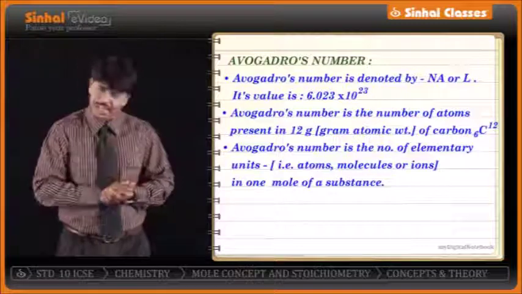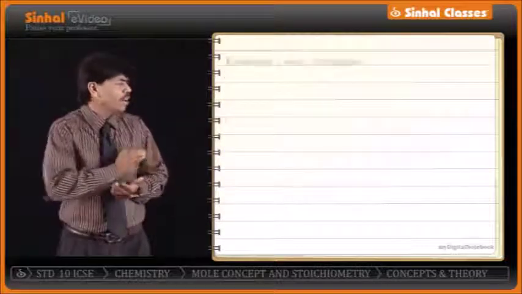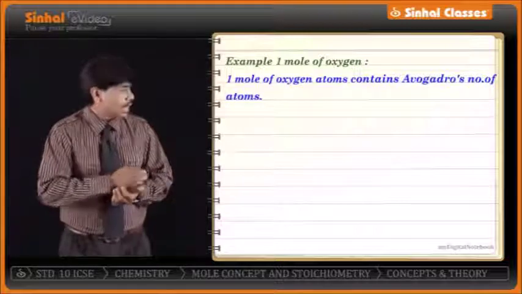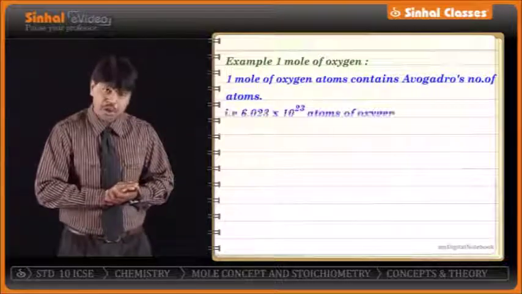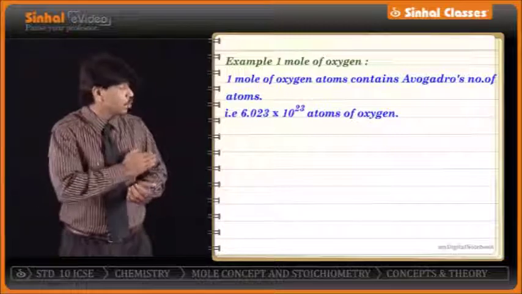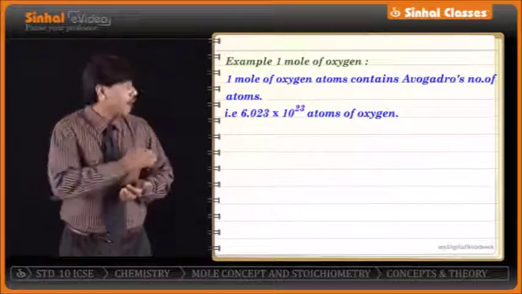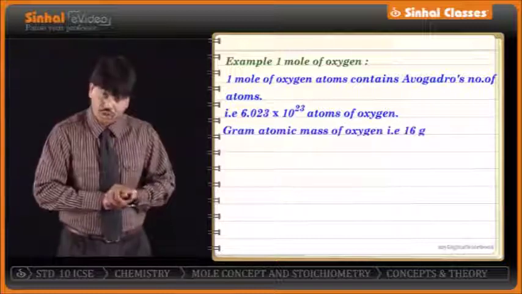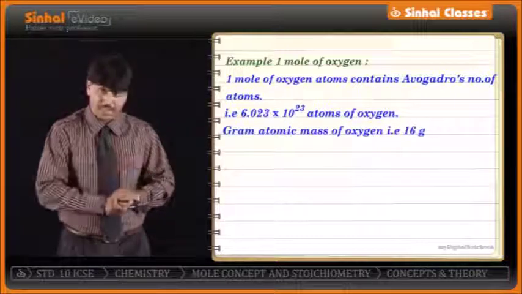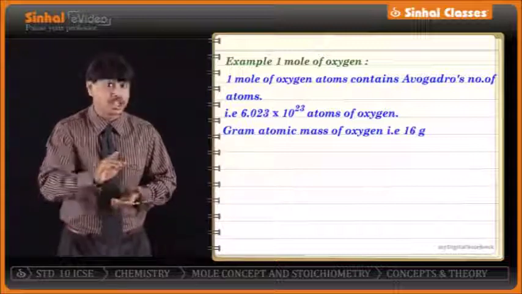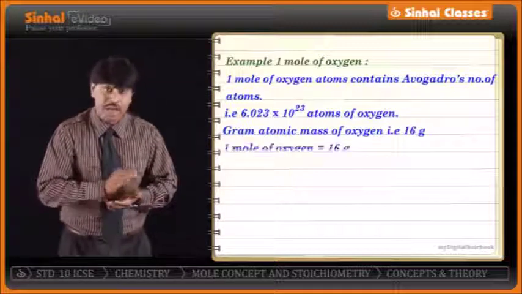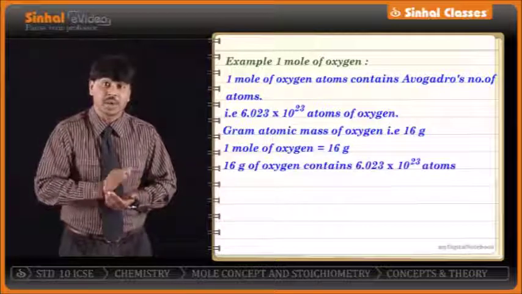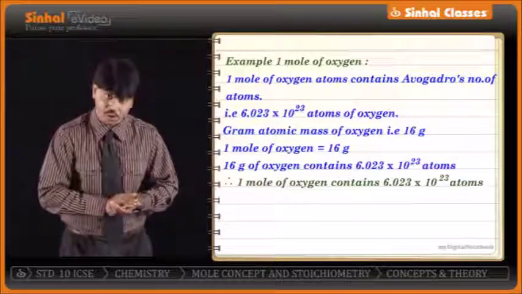Let's take an example and understand. When I say 1 mole of oxygen atoms, it means it contains 6.023 × 10^23 atoms of oxygen. The gram atomic mass of oxygen is 16 grams. That means 16 grams is equivalent to 1 mole, and 1 mole equals 6.023 × 10^23 atoms of oxygen.